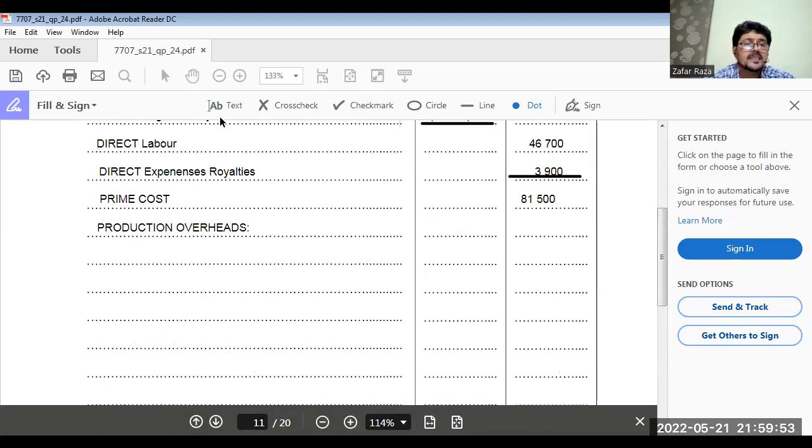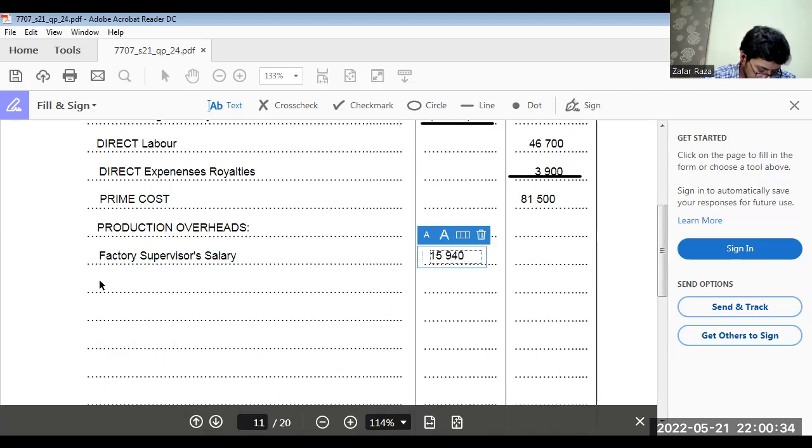First, we are going to write the heading production overheads. And the item we are going to write here is factory supervisor salary. That is how much? 15,940.